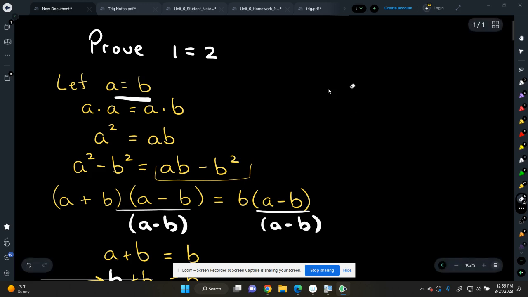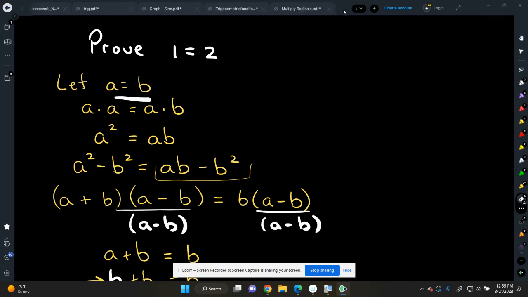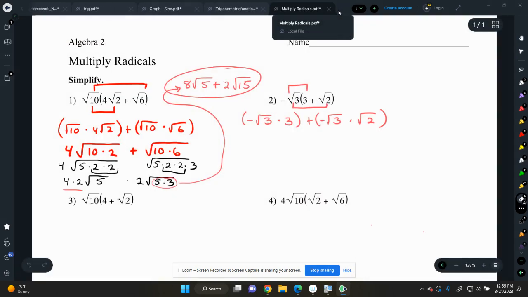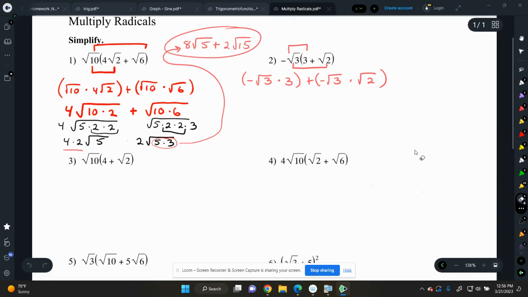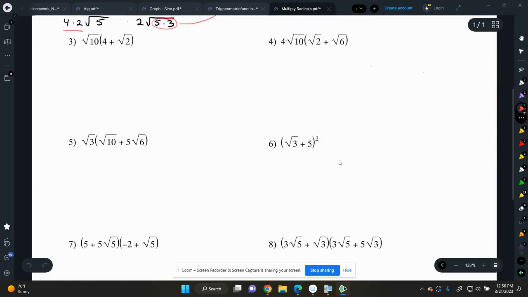Okay, so enough fun with math. Let's do some non-fun math. Okay, so let's see. What other ones do you want me to go over? I think a lot of people had trouble with number 6, right?